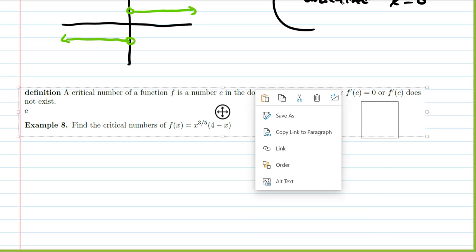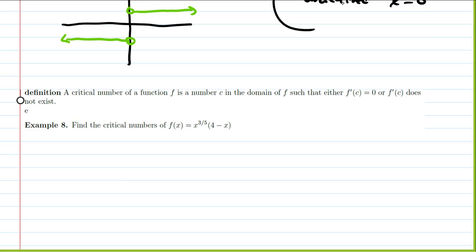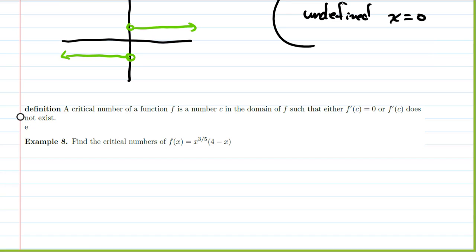So, definition of a critical number. A critical number of a function f is a number c, and what has to be true about it? It needs to be in the domain of f, and then we have an or statement. Either f prime of c has to be 0 or f prime of c does not exist.